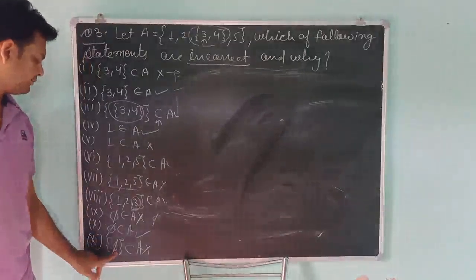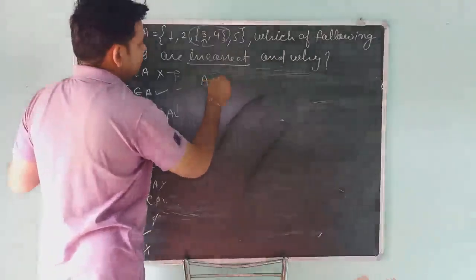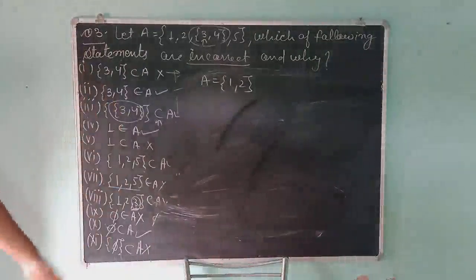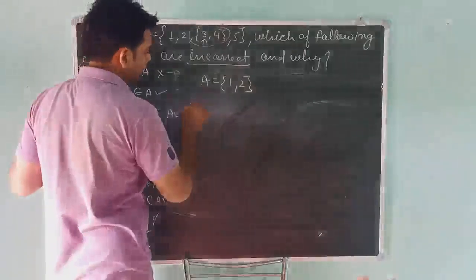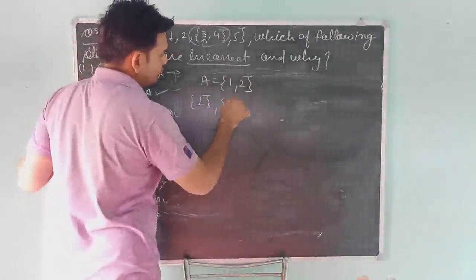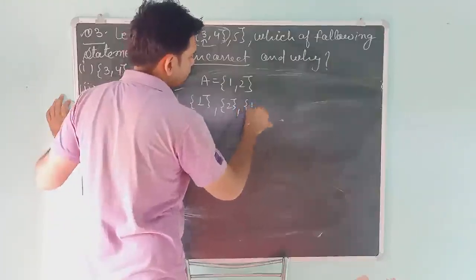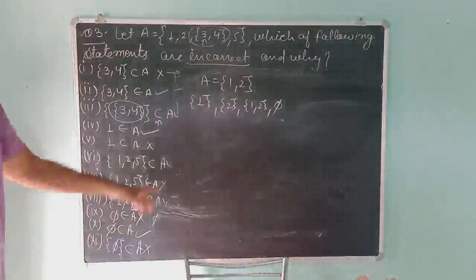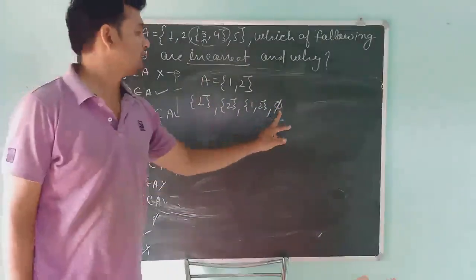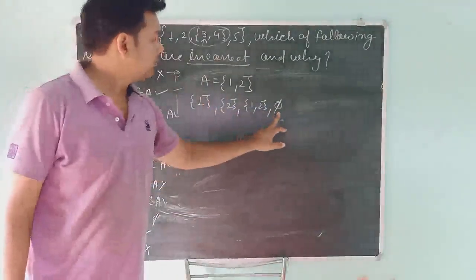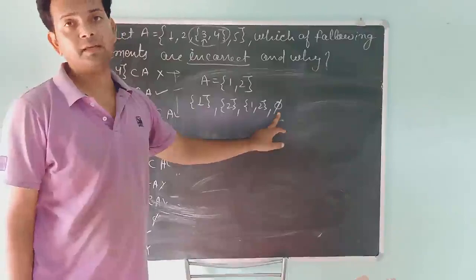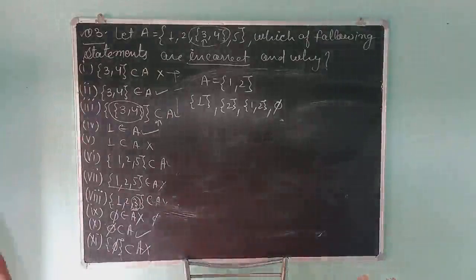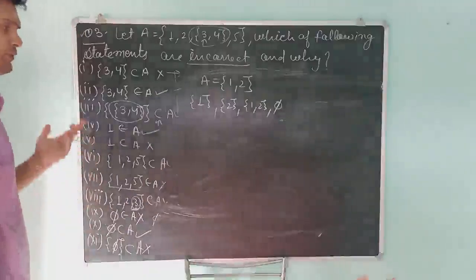Suppose that you have a set A with 1 and 2, and I am asking about the subsets of A. Then you will write 1, 2, 1 and 2, and 5. These are 4 subsets of set A, and here you can see that 5 is not written within brackets. If you are using a bracket, then this is not a subset of the given set A. That will be wrong.